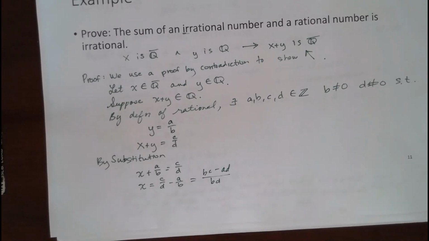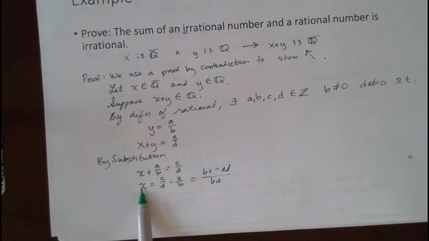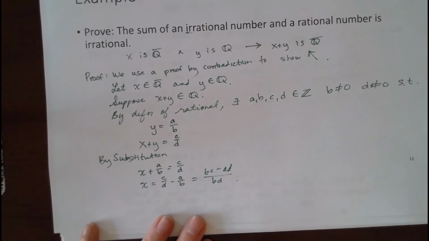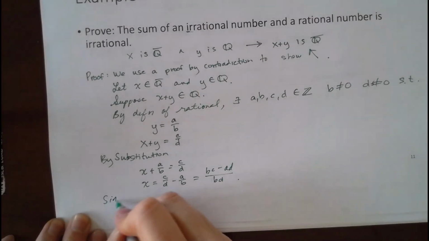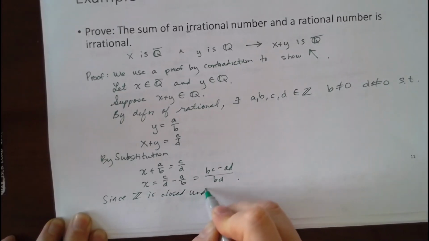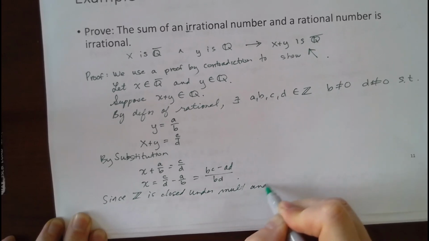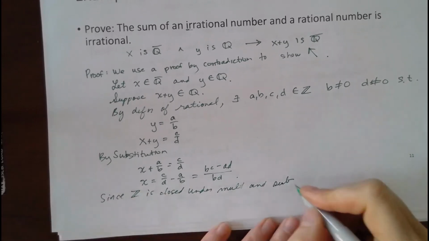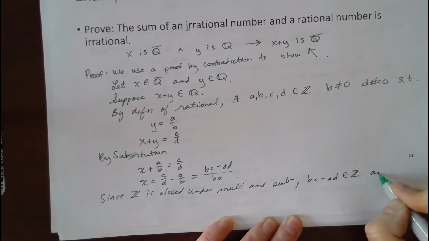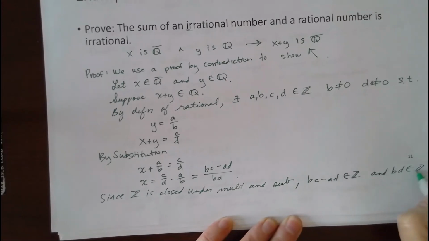So if we have that, what can we conclude from it? As long as these are integers, then we'll get that x is rational. Are these integers? Sure, since Z is closed under multiplication and subtraction, both bc minus ad and bd are integers.